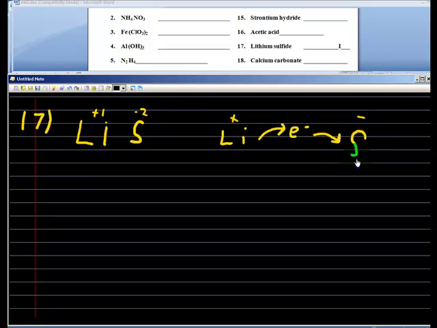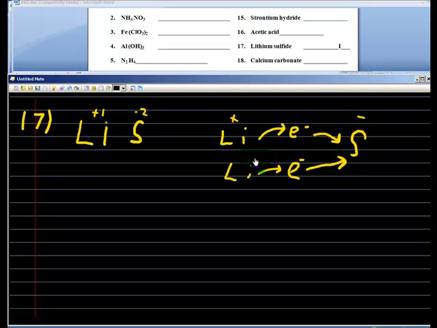However, sulfur needs to gain 2 electrons to complete its outer shell. Lithium has only 1 electron to give, because once it gives that 1 electron, that outer shell is emptied and the next one is full. So we need another lithium to give up its electron to the sulfur.